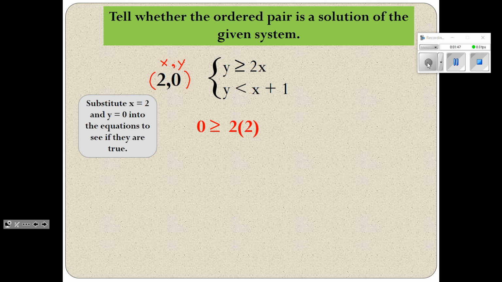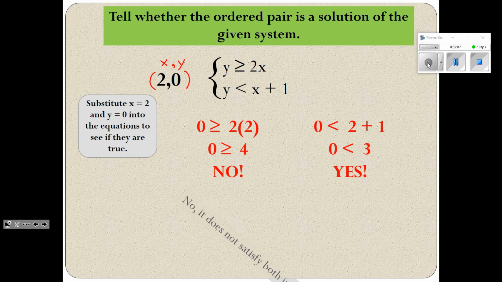So 0 is greater than or equal to 2 times 2, and 0 is not greater than or equal to 4. So (2, 0) would not be part of the solution. We don't really even need to go on, because if one of them is no, then it's not going to be a possible solution. So that's how you would check your answers when you finish.